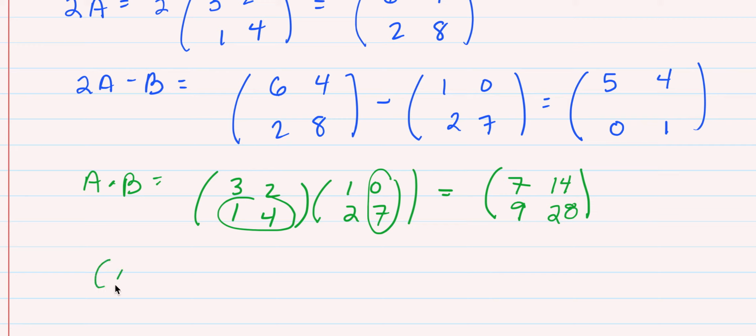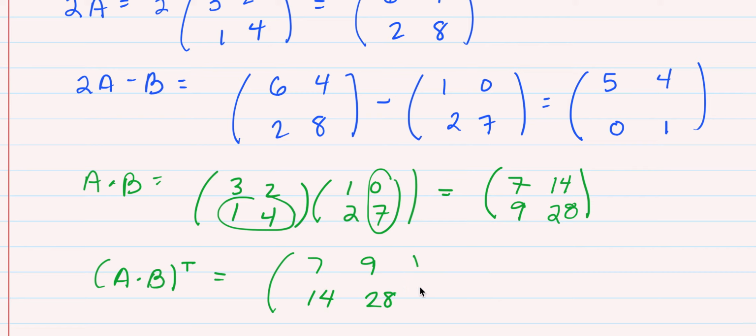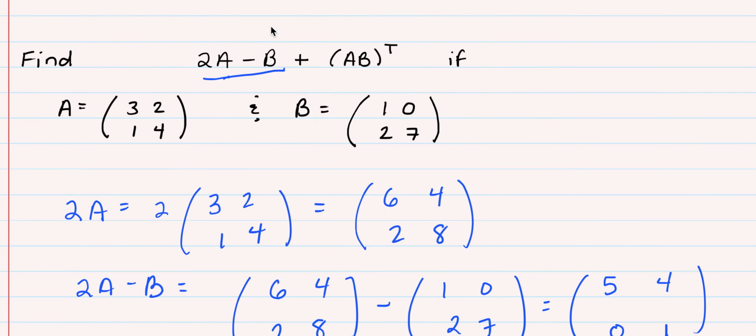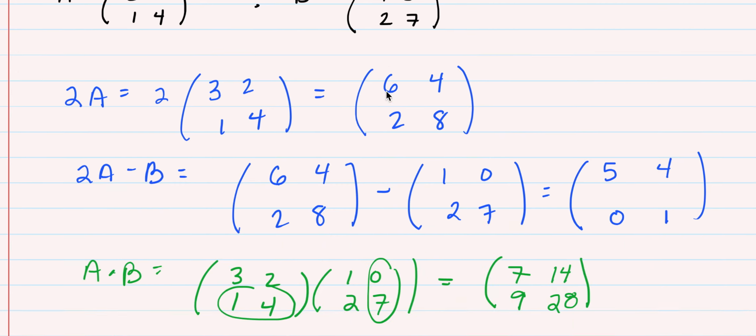Now we want to take the transpose of this. So we figured out what was in the parentheses. Taking the transpose would just be 7, 9, 14, and 28. So our last step is to take 2A minus B, which is right here, and we're going to add to it. Recall that this is what we're trying to find. We're going to add this A times B transpose.